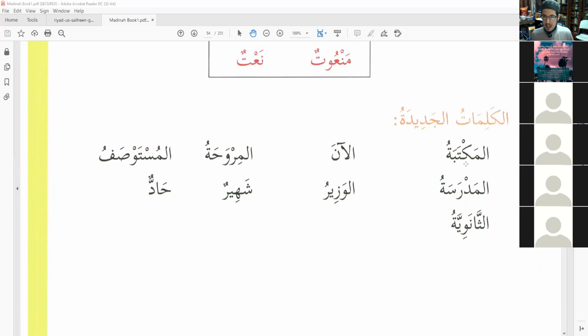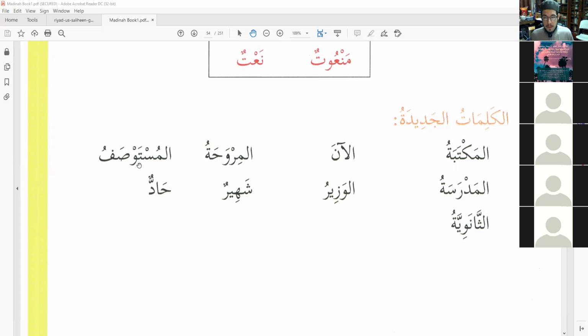Al-maktabatu is like the office, can also be a bookstore. Al-ana, now. We talked about how this tilde on top of the lam, on top of the alif is actually an extended hamza, or a hamza with an alif after it. Al-mirwahatu was a fan, like a circular fan.